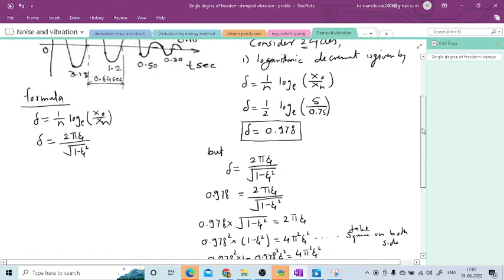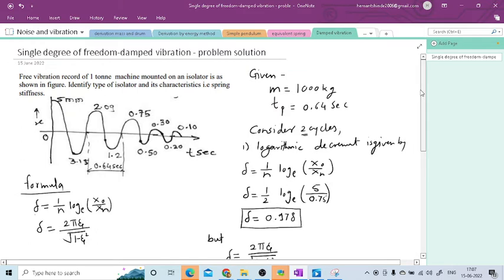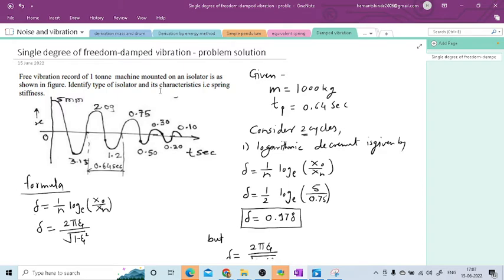Now, in the question they have asked to identify the spring stiffness, or they have also called it the characteristics. So we'll have to determine the characteristics of this system. Characteristics means for any system there will be a spring and a damper.